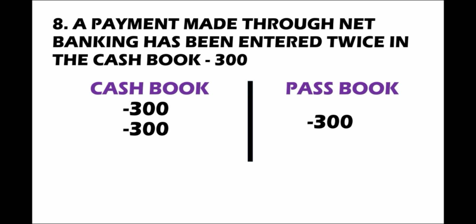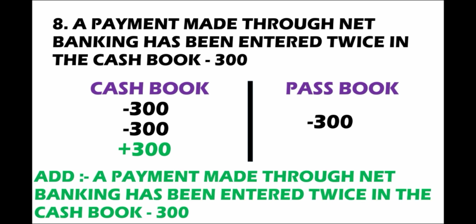So in our cash book we have minus 600 total, in passbook minus 300. We have to make changes only in the cash book because our starting book is the cash book. To make it equal, I am putting plus 300. So now cash book minus 300 total and passbook minus 300. So the answer is: add a payment made through net banking that has been entered twice in the cash book.